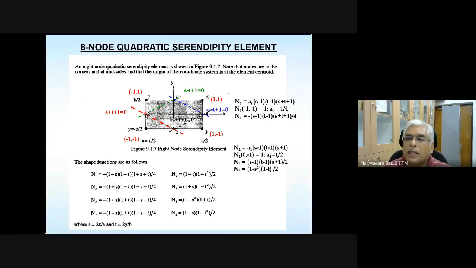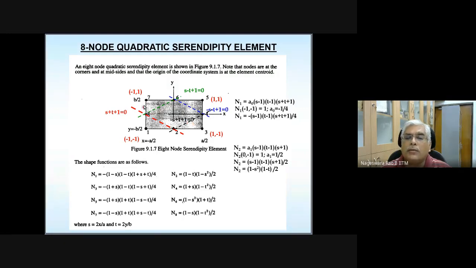At this 8th node location, for a 7-node element, the sum of all shape function values N1 to N7 evaluated at this node is going to be 0. So it violates the condition that the sum of all shape functions evaluated at any point on the element should be equal to 1, if you simply remove the 8th node and adopt the other expressions for 7-node elements. You need to keep that in mind.